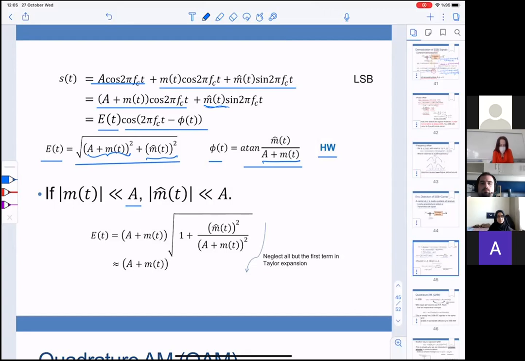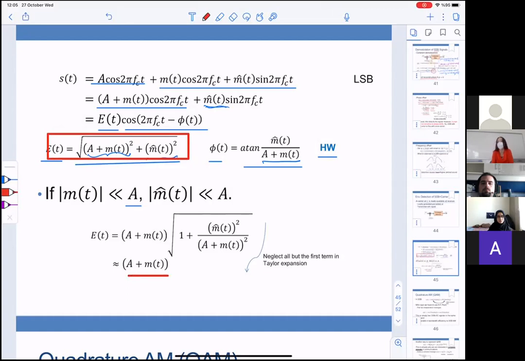Under that condition, we can make a simplification in E of t: the first term in this square root dominates the square root. So then we can get it out of the square root, resulting in E of t being approximately A plus m of t.